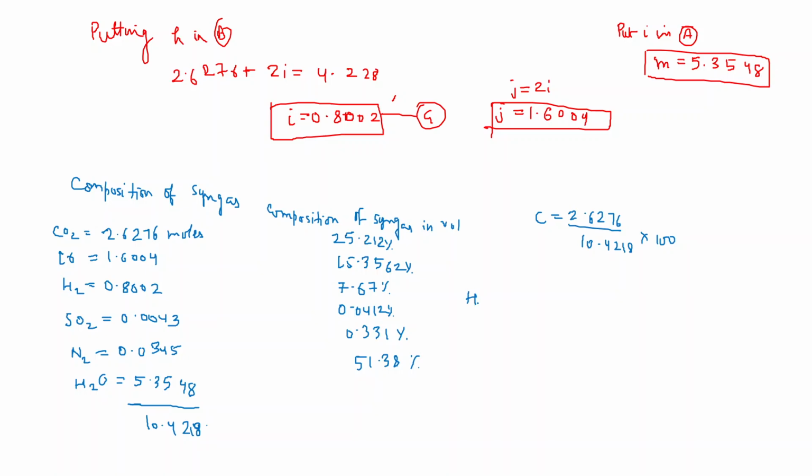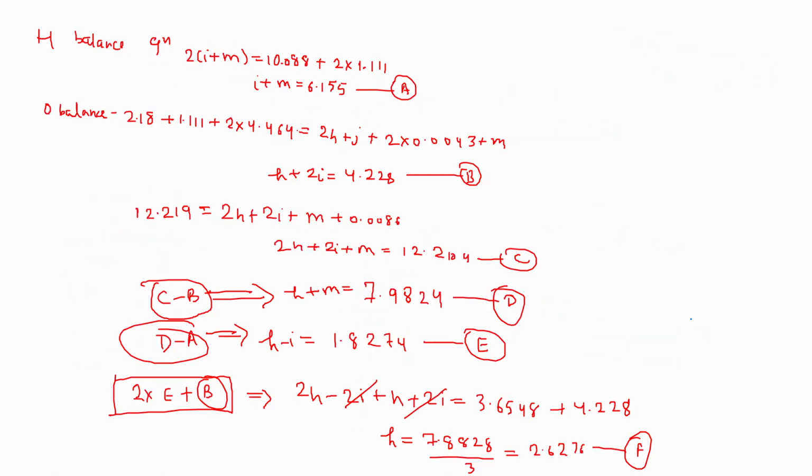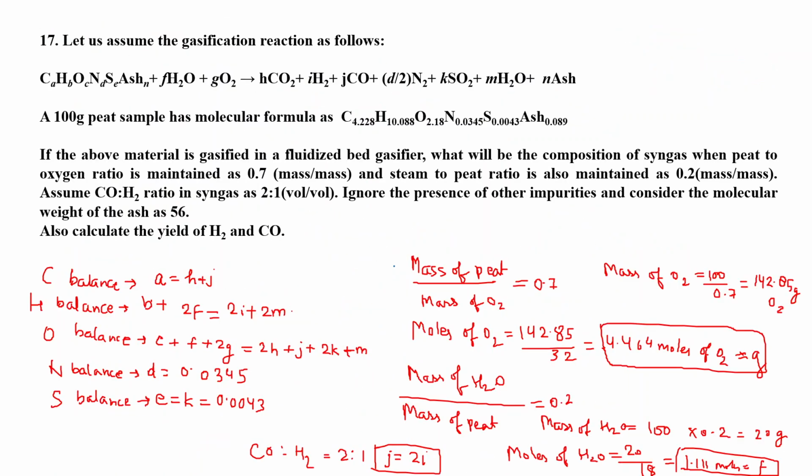So what is asked in the question? Hydrogen yield. It is basically the H atoms in syngas upon H atoms injected in the sample or during the reaction. So in syngas, H atoms is 2I, as it is shown, and supplied is 10.088.